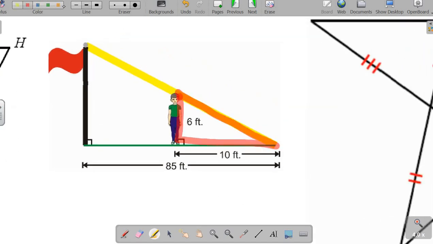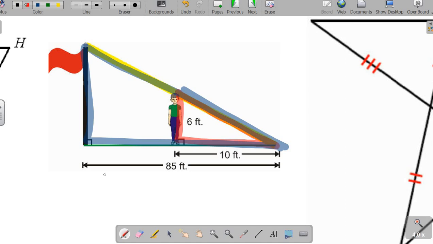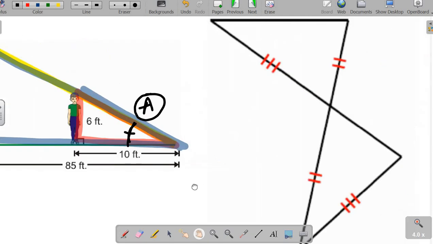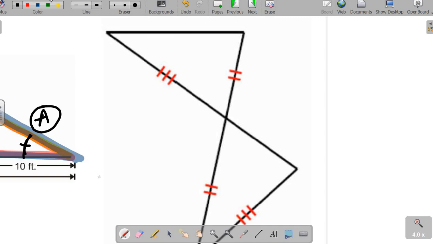Here you want to trace that small triangle, trace that overlapping larger triangle. That's a reflexive angle, a little circle A for angle. Here you have a pair of vertical angles, which are always congruent. A little A for a pair of congruent angles.